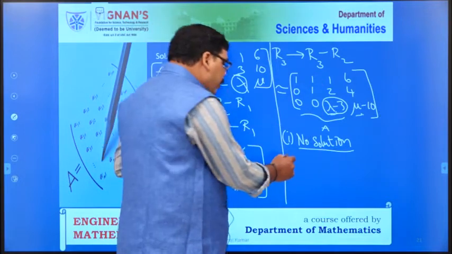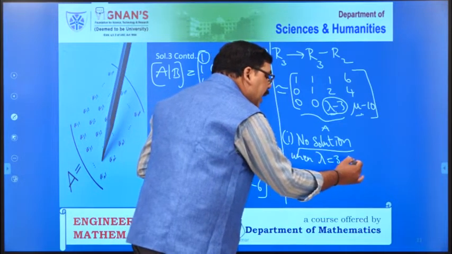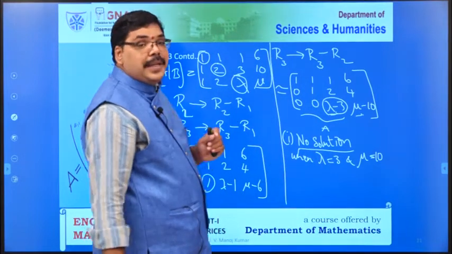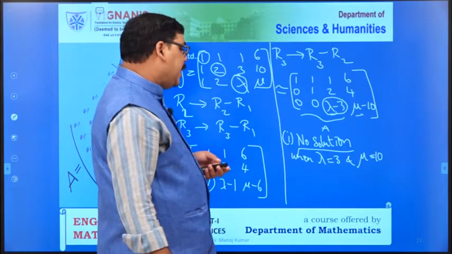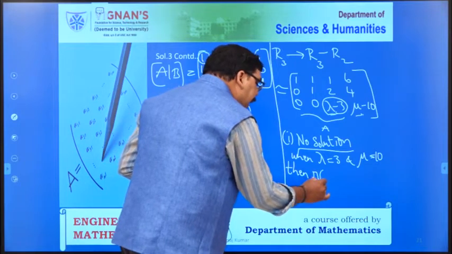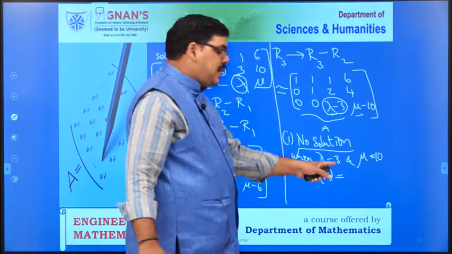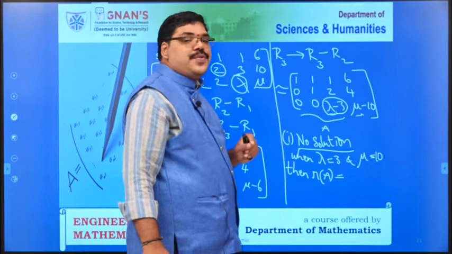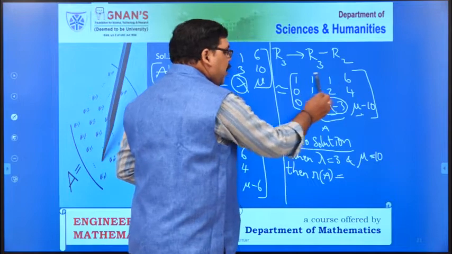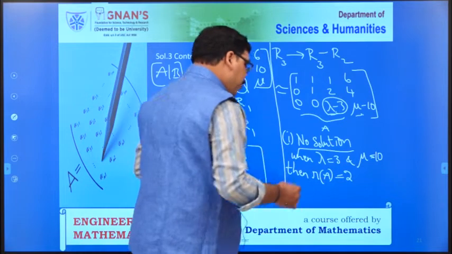That means when lambda equals 3 and mu not equal to 10, what happens to rank of A? Lambda is 3, so lambda minus 3 becomes 0. If this element becomes 0 and you consider only the first 3 columns, the last row becomes 0, so rank of A becomes 2.